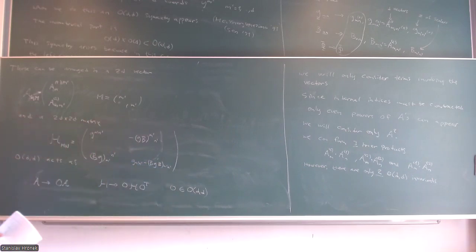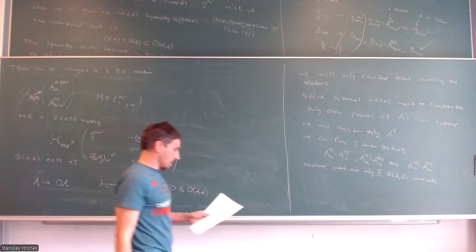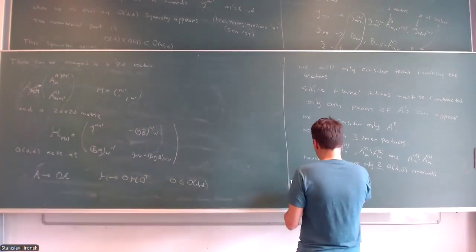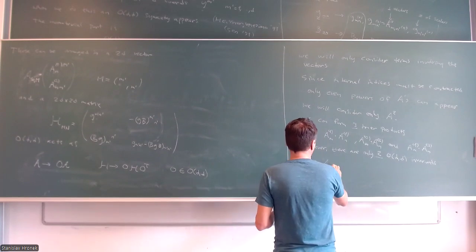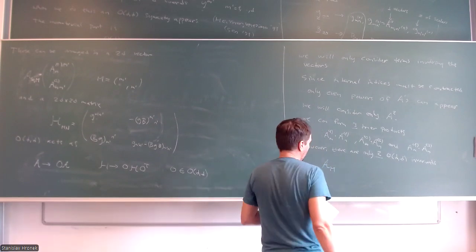Because to write an invariant, I have to use this curly A object, this odd vector A_M.